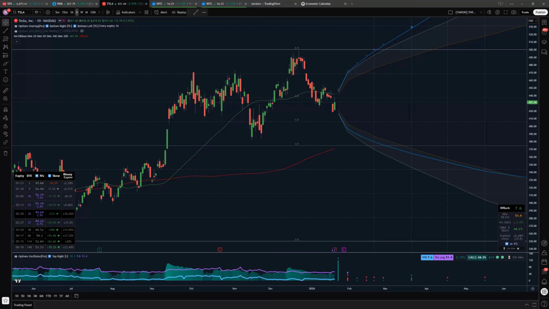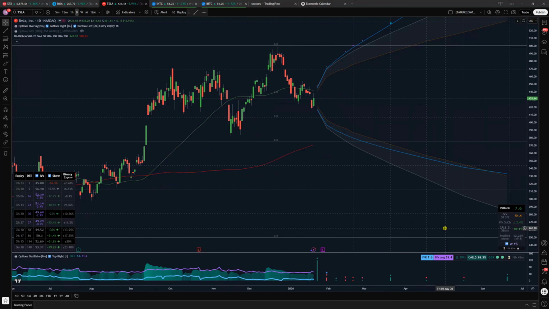And once we have those two prices, the interpretation is pretty straightforward. If put options are more expensive than call options at the same expected move distance, the market is paying more for downside protection. And vice versa, if call options are more expensive than put options, the market is paying more for upside exposure.